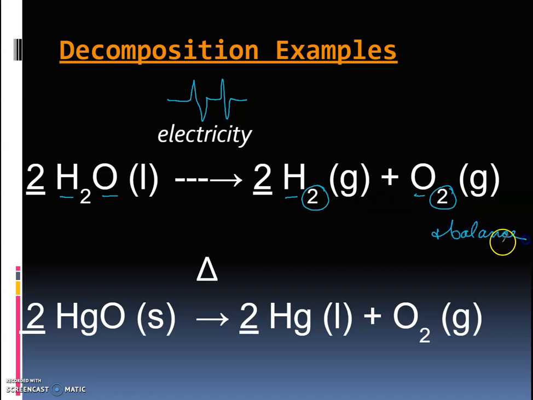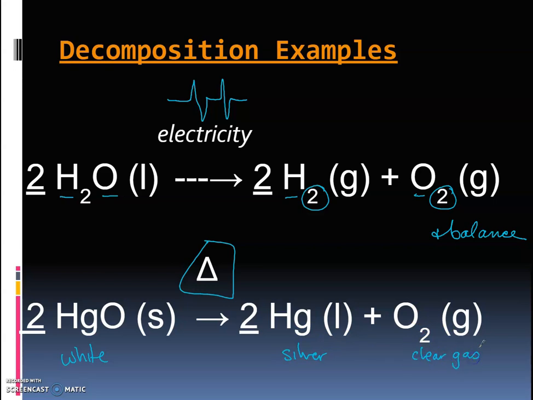Easy enough. HgO. Oh, I wish I could have some mercury oxide for you guys and heat it up, but mercury is a little bit toxic, so it's not going to be okay. It is this white solid, and when it breaks up, it gives you a silver liquid, and then you see a clear gas come off.